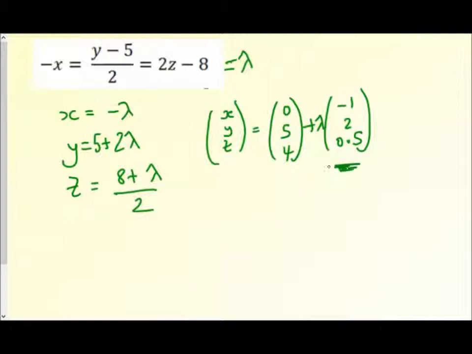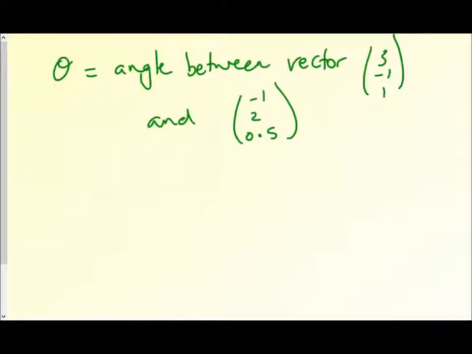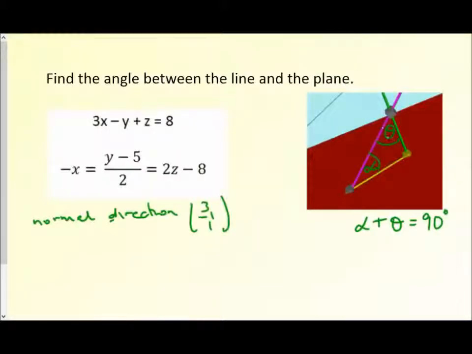So the direction of the straight line is minus 1, 2, 0.5. The direction of the normal is 3, minus 1, 1. So we can use that to work out the value of the angle. Let's just check my diagram again. Yeah, theta, and then use that for alpha.